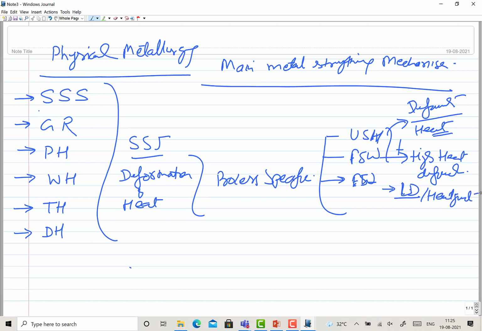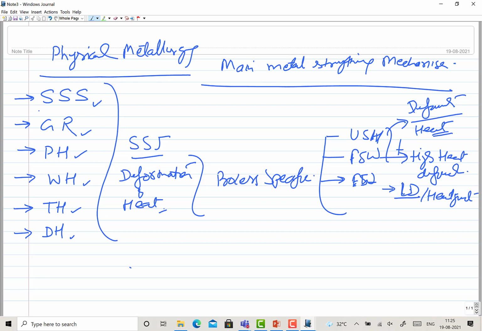So if you see the different processes, different amounts of heat and different amounts of deformation will be imposed during the joining. Since each metal strengthening mechanism responds differently to the deformation and to the heat, each may have its own role in determining the strength of the joint.